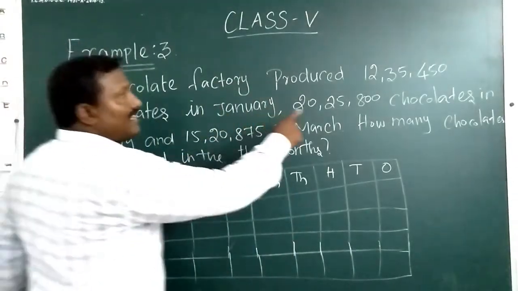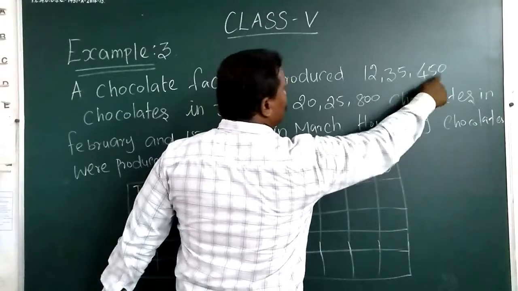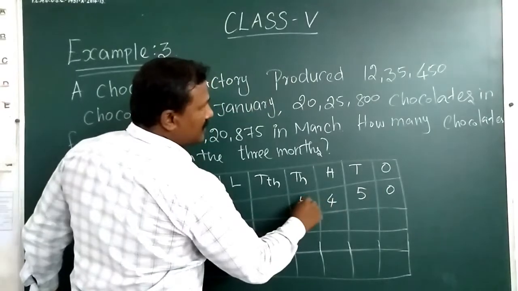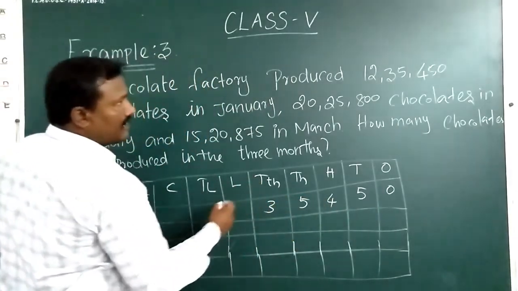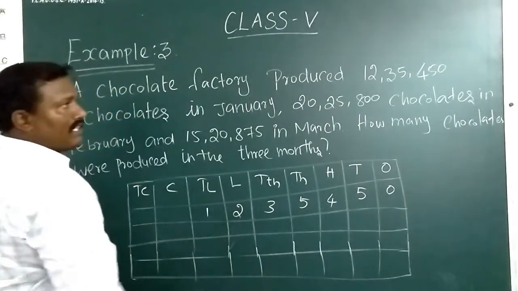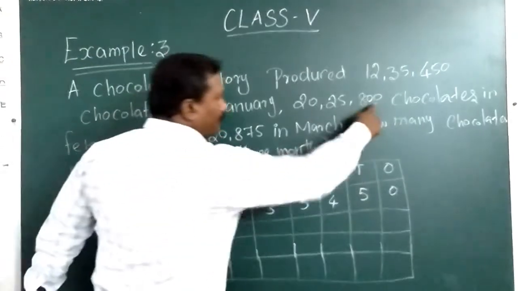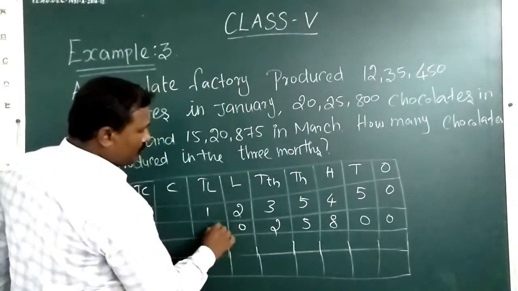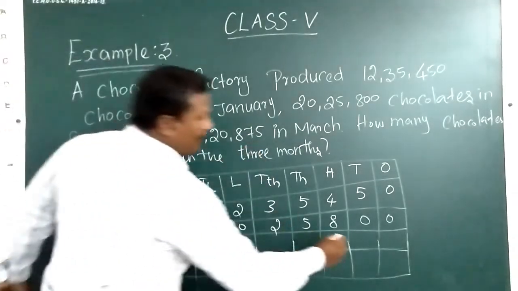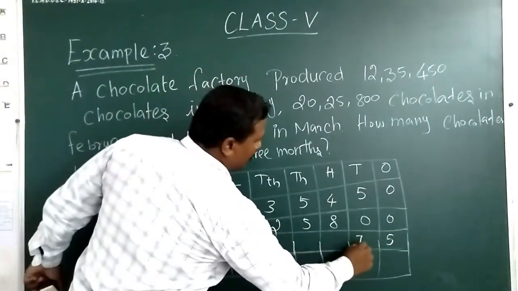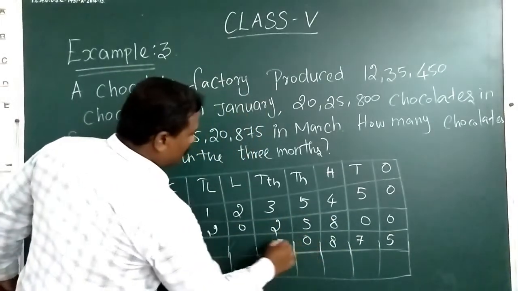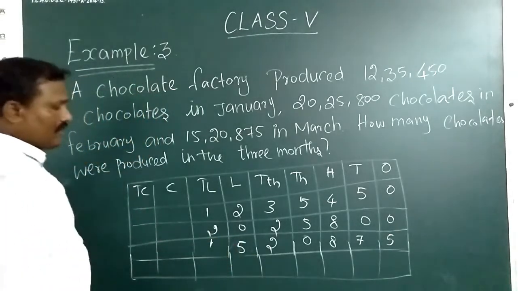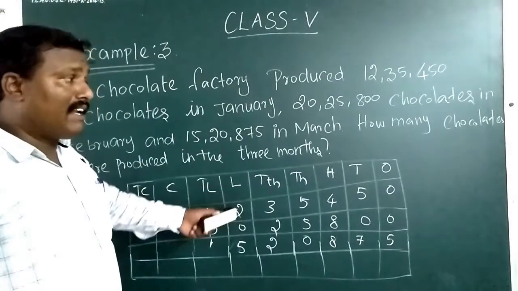The first addend: I put 0 in the ones place, 5 in the tens place, 4 in the 100 place, again 5 in the 1000 place, 3 in the 10,000 place, 2 in the lakhs place, 1 in the 10 lakhs place. Then the second addend, 0 0 8 5 2 0 2. Then the third addend, 5 7 8 0 2 1 5. So I placed these 3 addends into the table.